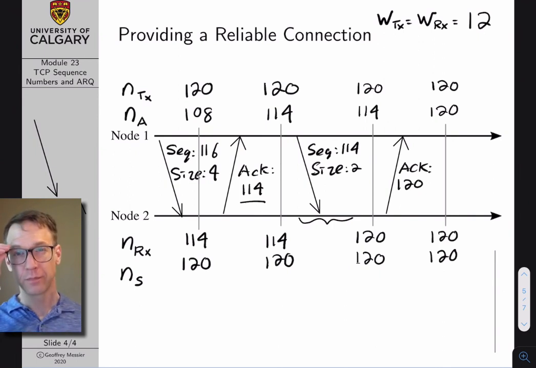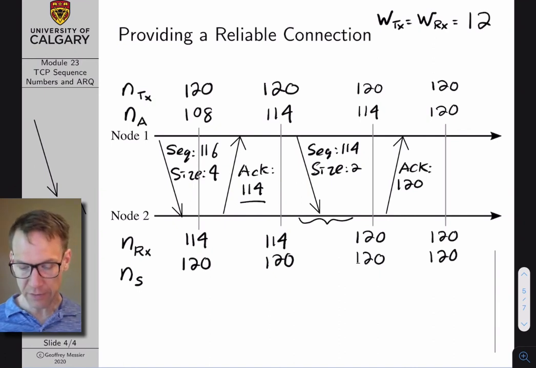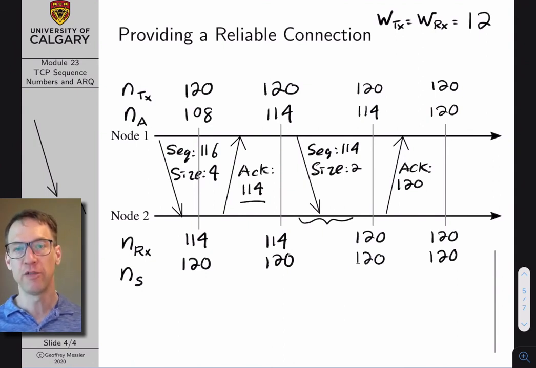That dove down into the details a little bit. I wanted to go through the sequence numbers just so you can see how they can progress, but I hope I didn't obscure the big picture of what was happening. Essentially, in that middle portion, we sent 3 segments and we missed the middle one. We sent the first segment, the second segment was lost, the third segment was received successfully.